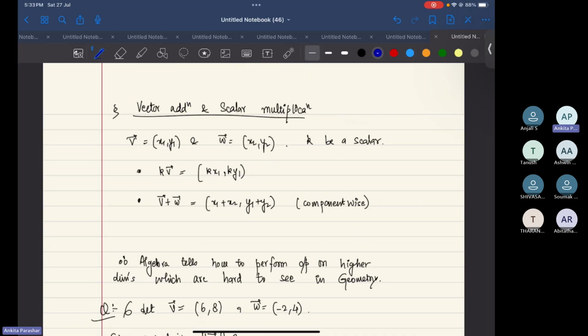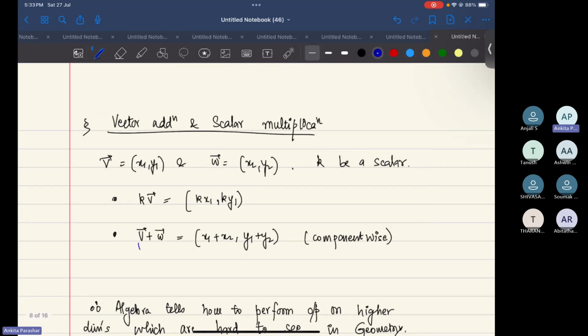And therefore, if two vectors are given, suppose x1 y1 and x2 y2, which is nothing but coordinate form.